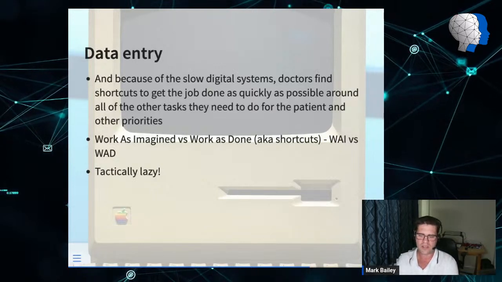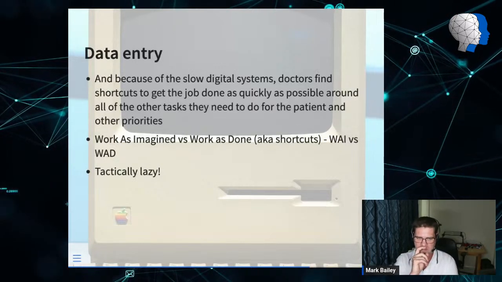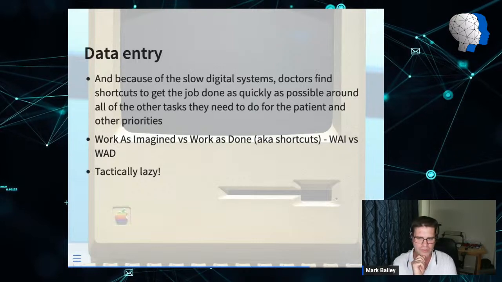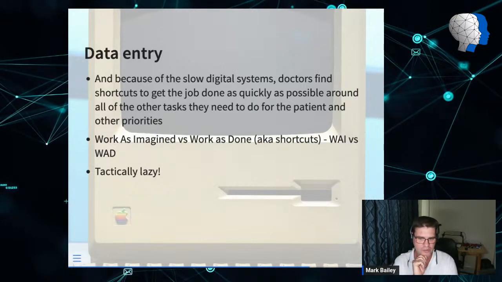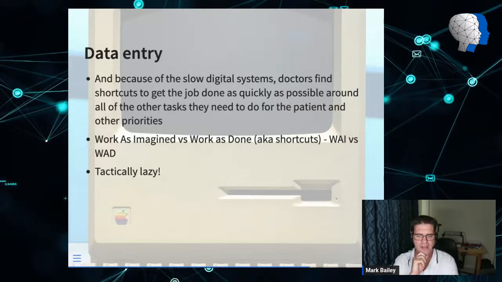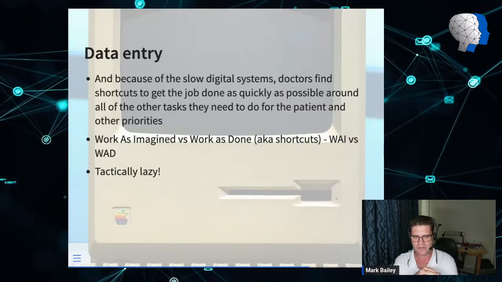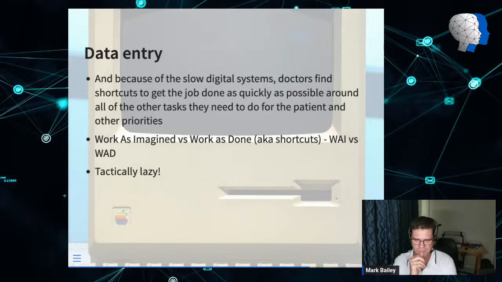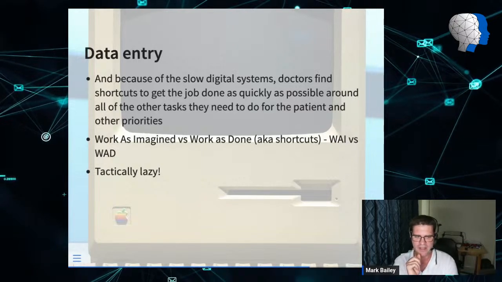And this was a very interesting thing I learned from Harold Thimbleby, who wrote Fix IT, very good book, by the way. Chunky thing, but a lot to learn. The idea of work as imagined versus work as done, aka shortcuts.